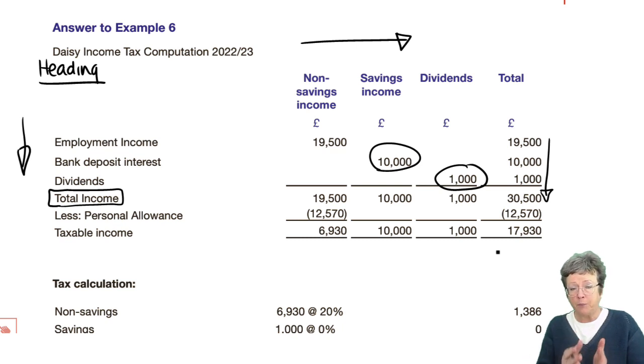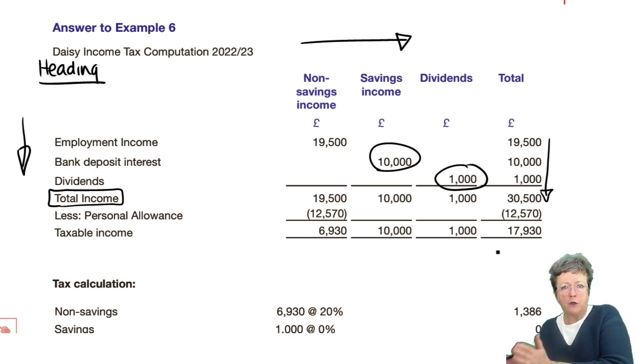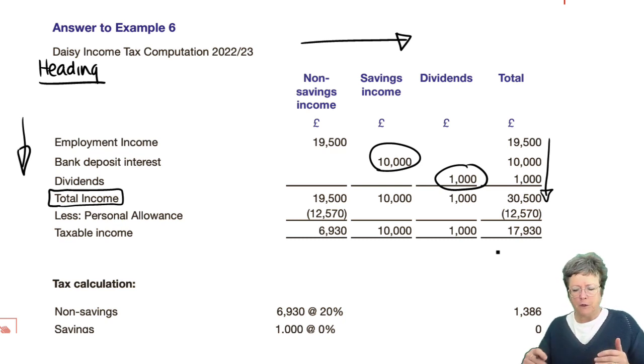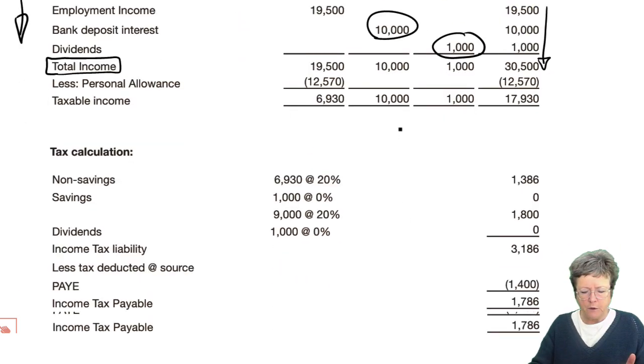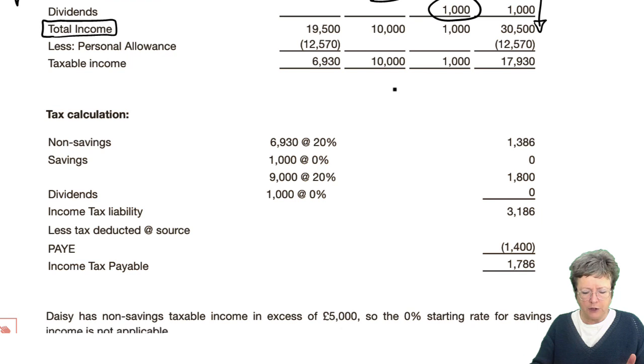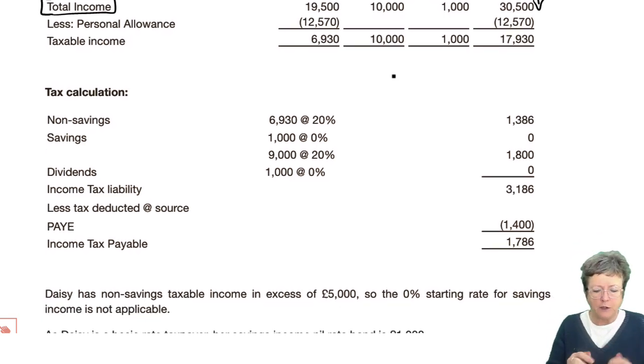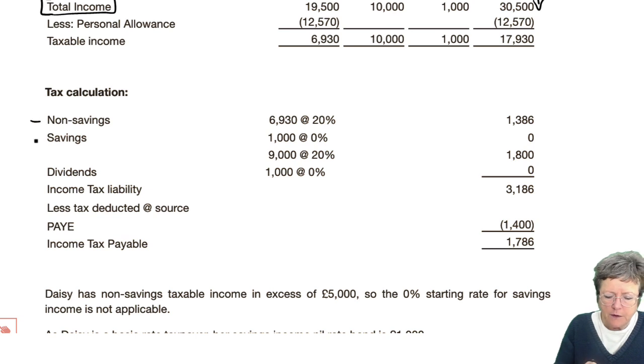You've got to put the income in the correct column, deduct the personal allowance, and then the tax computation is quite lengthy. But let's do it slowly, logically, and work it out. Always do them in the correct order. Non-savings, then savings, then dividends.